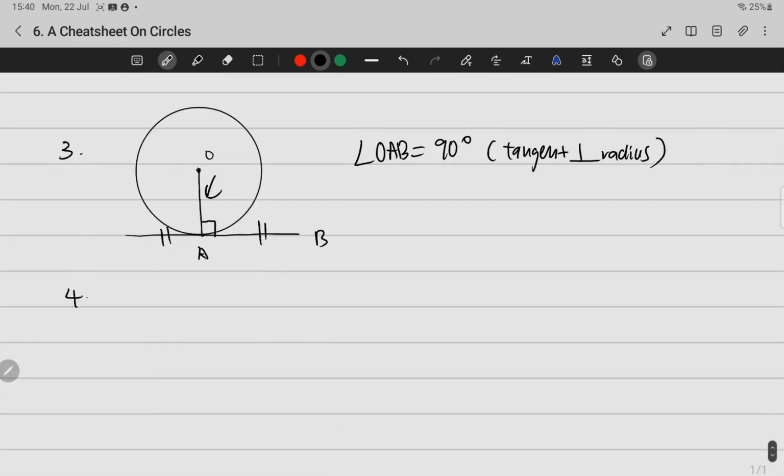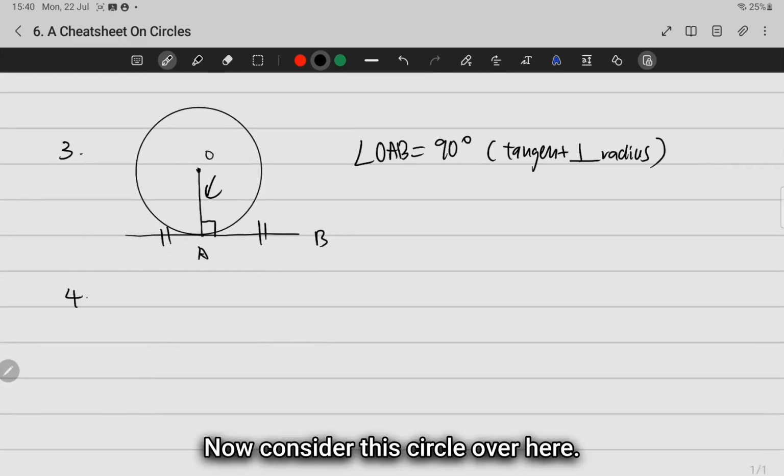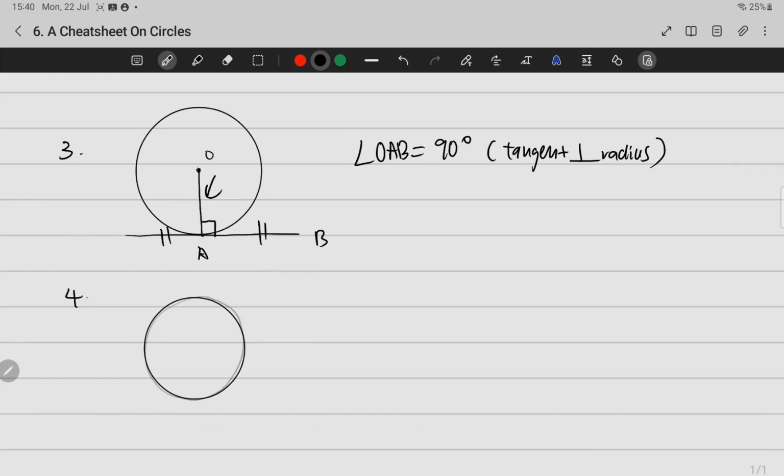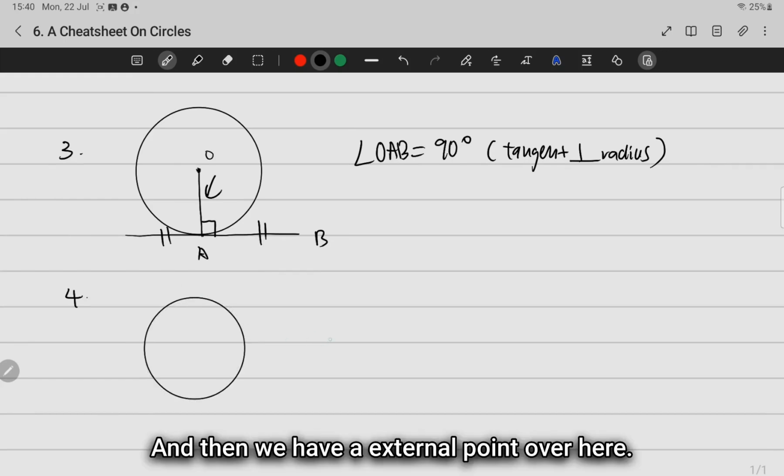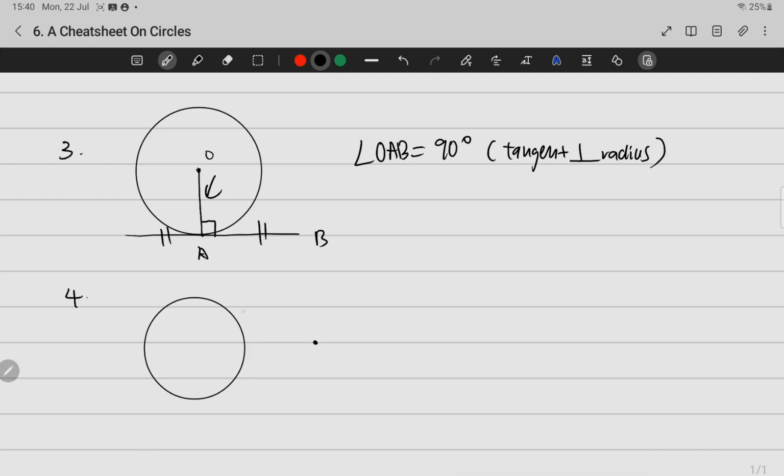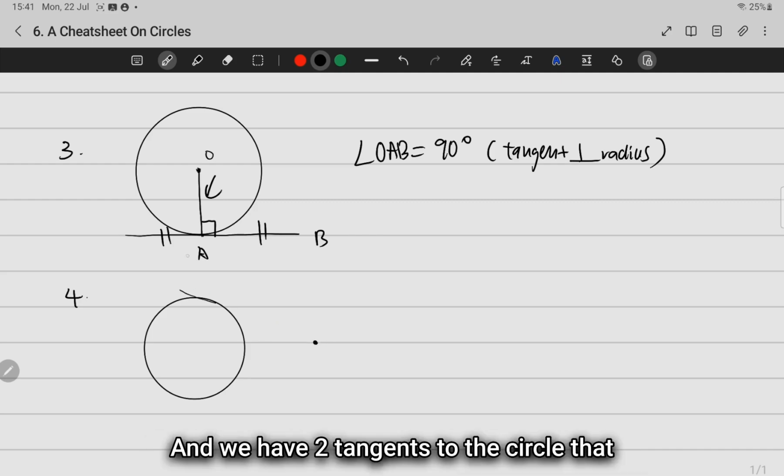Number 4. Now consider this circle over here. And then we have an external point over here. And we have 2 tangents to the circle that cut through this point.